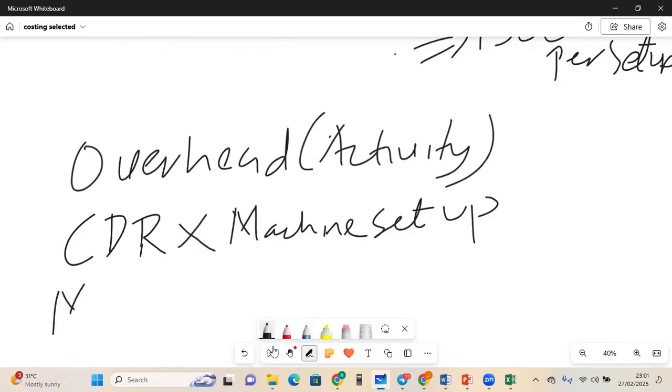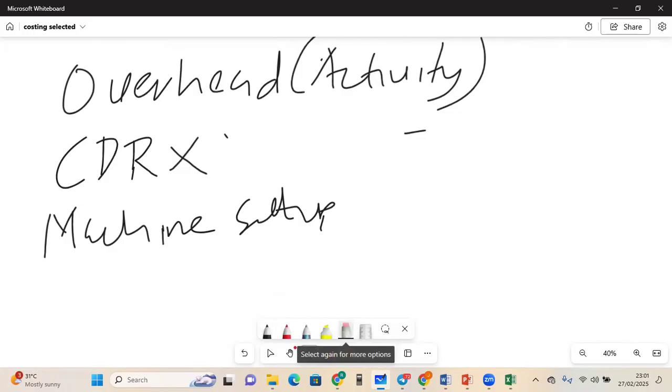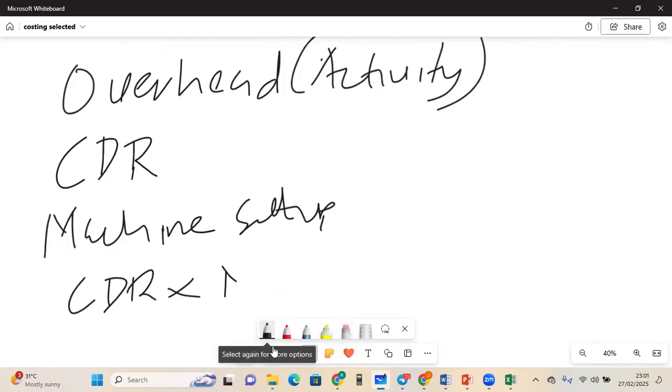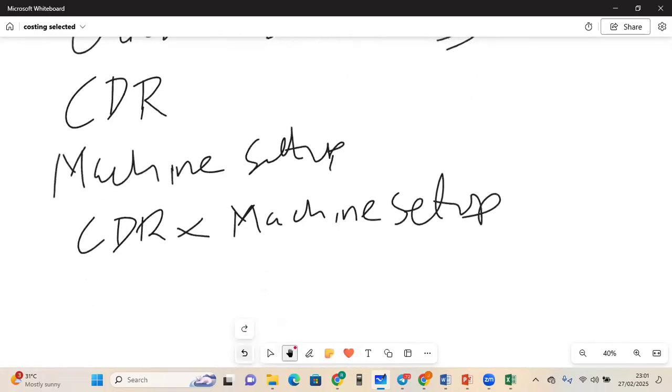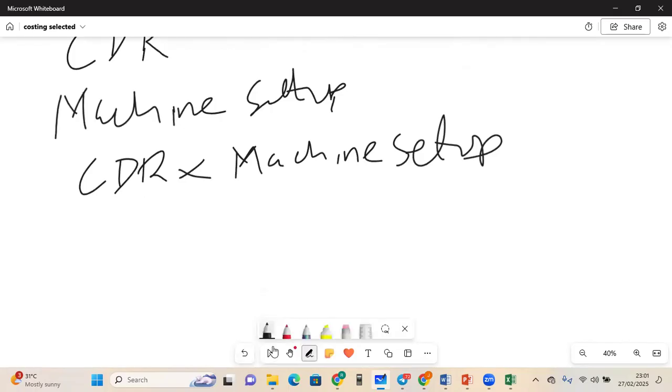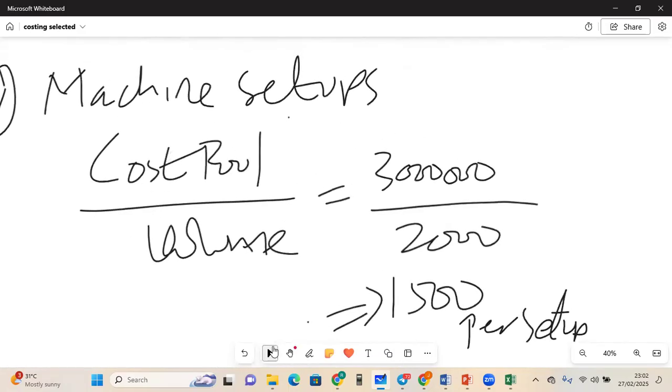Machine setup is going to be CDR times machine setups. So the CDR for the machine setup we had was 1,500, times its setups, for the first one, for example, 650.